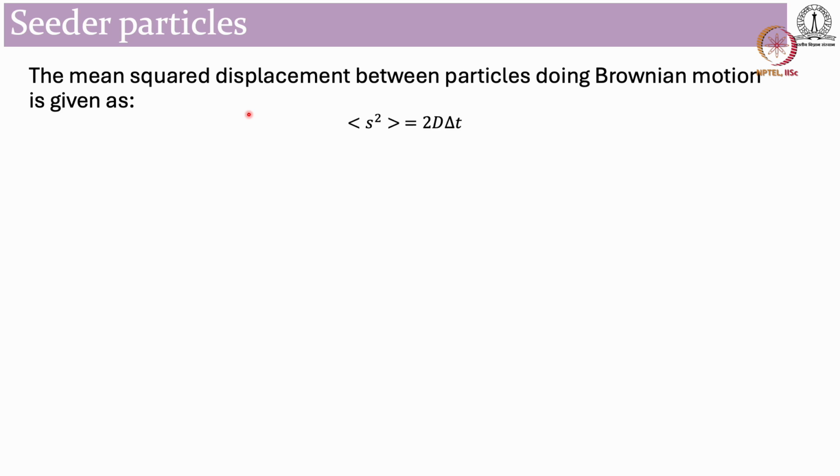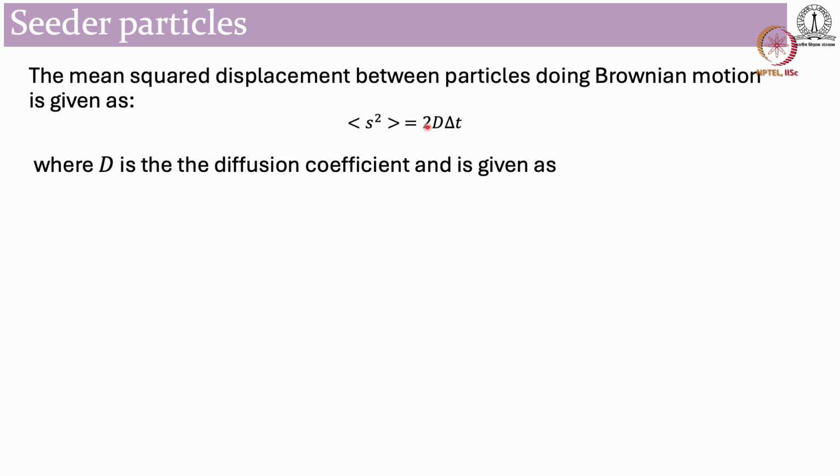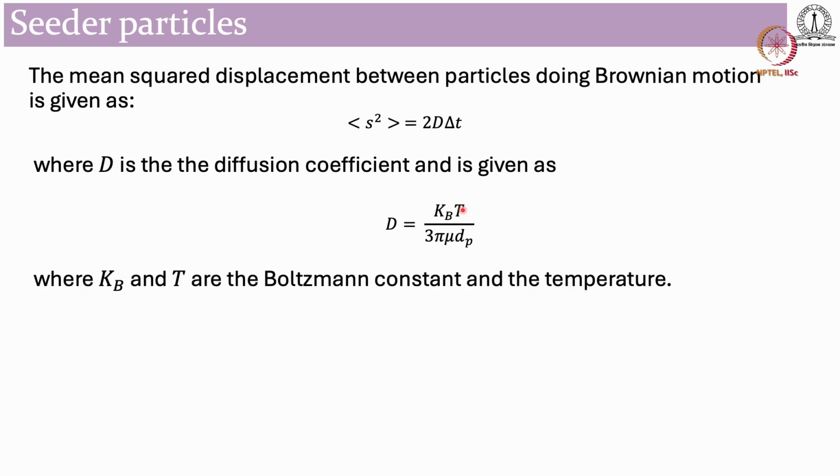The relation looks like this: this is the displacement S, and the mean square displacement is given as 2 into capital D into delta T, where D is the diffusion coefficient, given as the ratio of Kb into T, where Kb is the Boltzmann constant and T is the temperature in Kelvin, divided by 3 pi mu into the particle diameter. And delta T is the time scale, basically the time between which you are capturing your images.